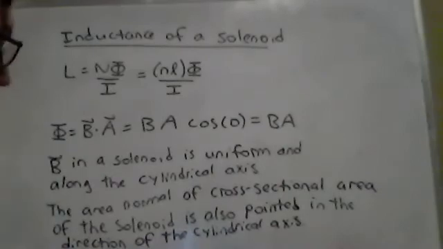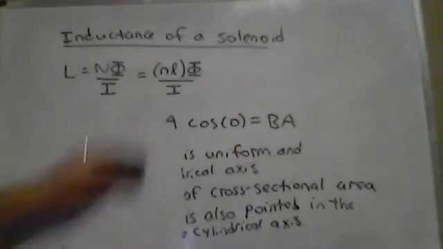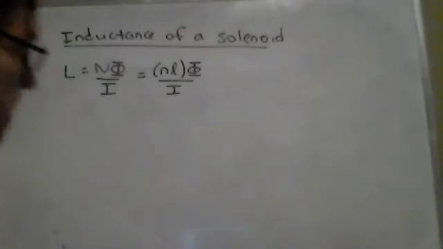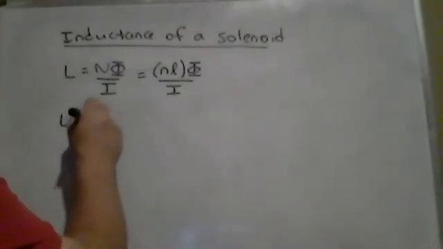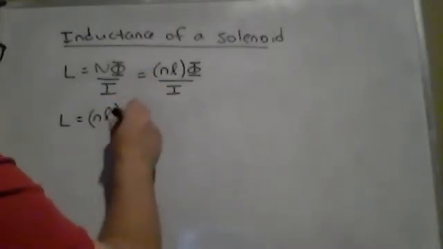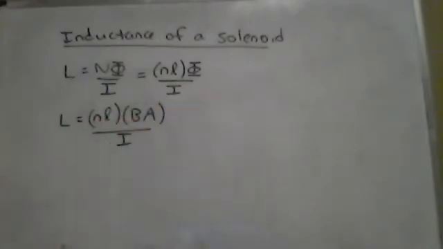All right, and with that said, I can write phi now. L is going to be now n l, and then I'm going to have BA divided by I. That's what I have so far. And if you go back to our study of chapter 21, that's where we talked about the solenoid.